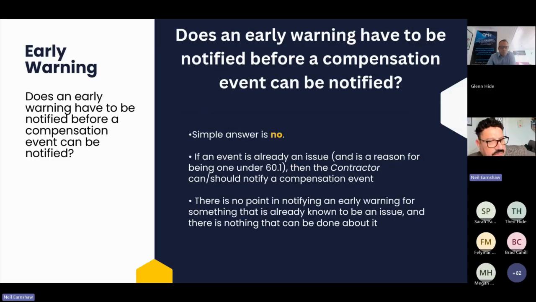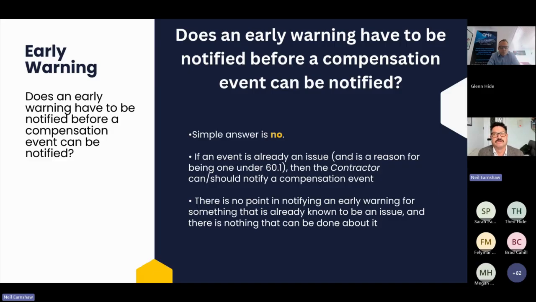What about linking early warnings to compensation events? Again, an issue we often see is this misconception that you have to have an early warning notified before a compensation event can be notified, and that's not correct at all. Early warnings can be notified that don't become compensation events, and a compensation event can be notified that didn't have an early warning prior to that.